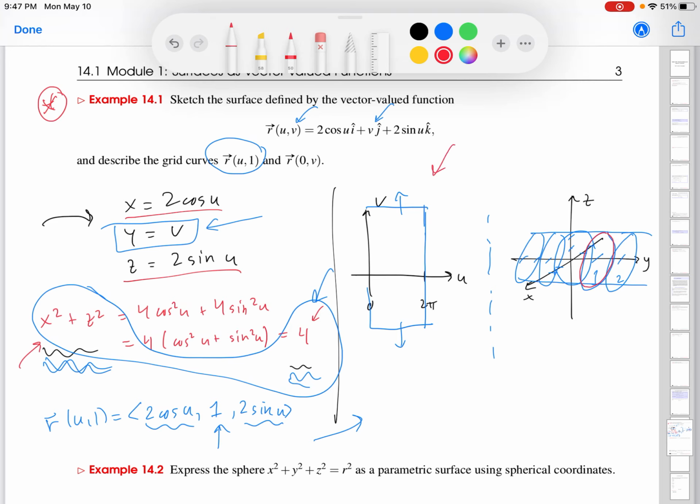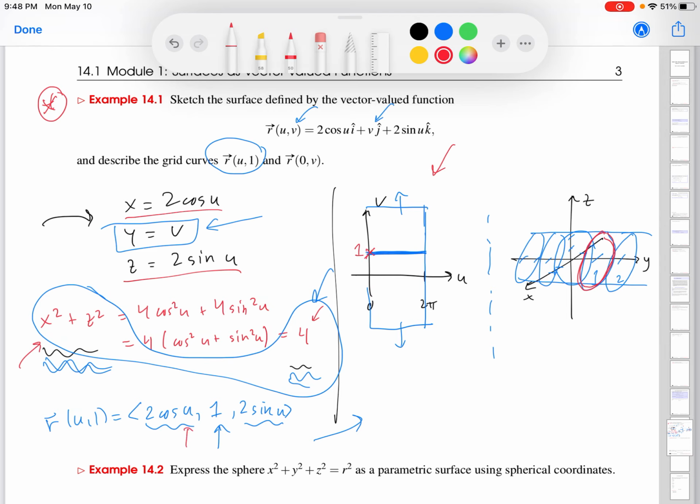And what does it look like over here? Well, I'm at y equals v equals 1. So I'm over here, right? And then that entire grid curve over here is generated by going around, from u equals 0 to u equals 2 pi on this line, right? So for example, u equals 0, v equals 1.